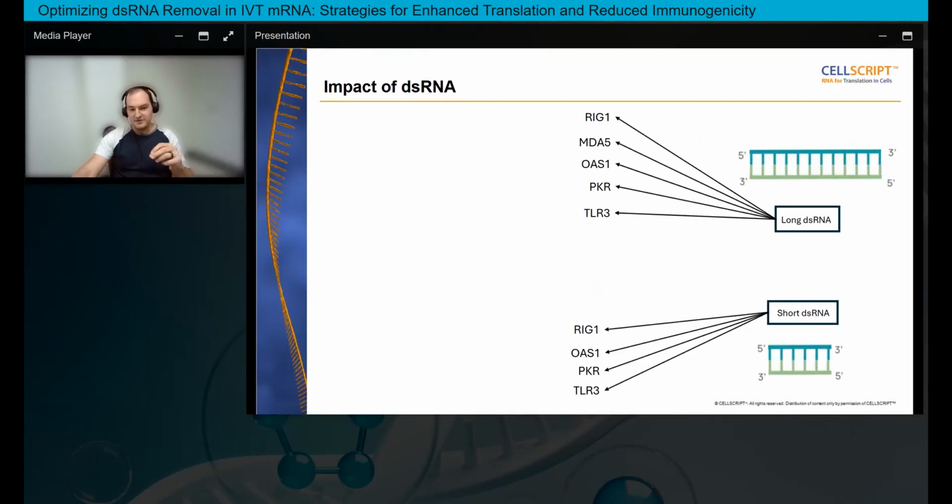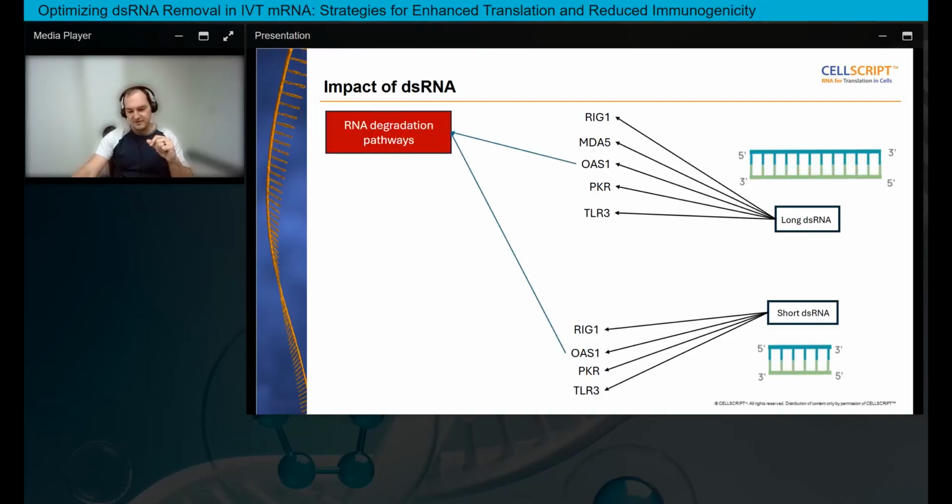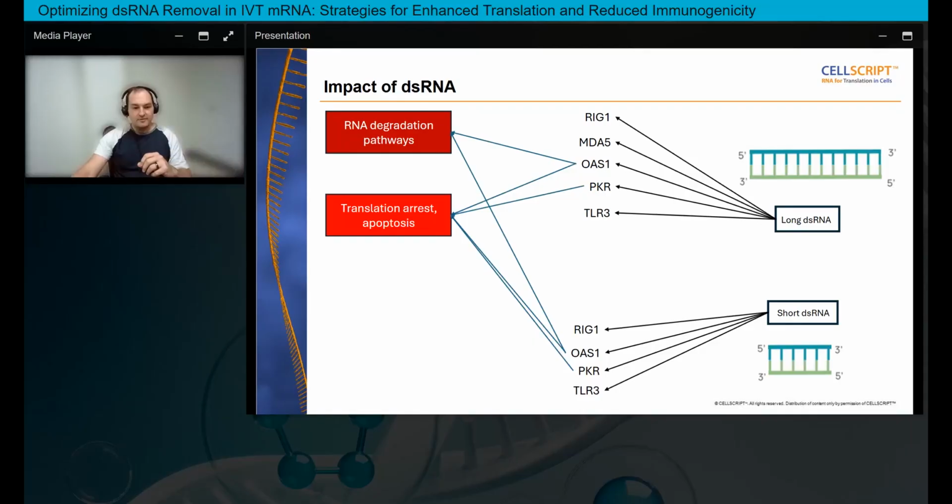In terms of what cells do, this is even a simplification of all the different double-stranded RNA sensors that are out there, but these are kind of the heavy hitters. Now, one of them is pretty well known to just start degrading kind of any RNA that it finds. Even if it starts with a double-stranded that it hit, it will start to attack all RNA that it comes across, which is not good because cells need RNA to make protein and protein to live.